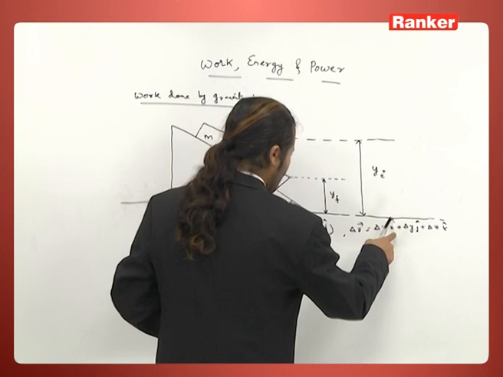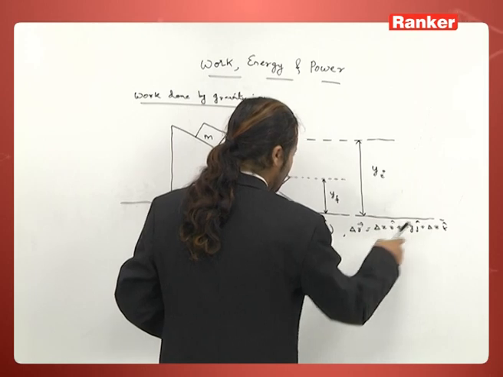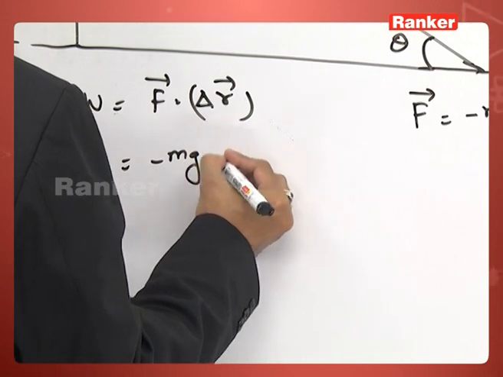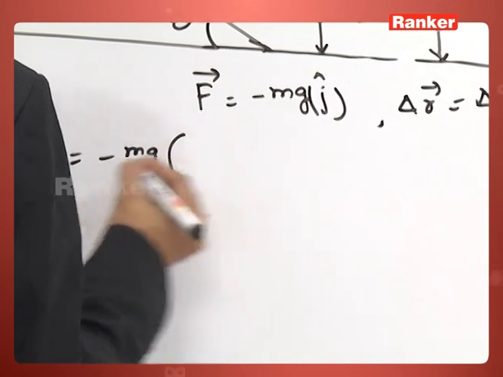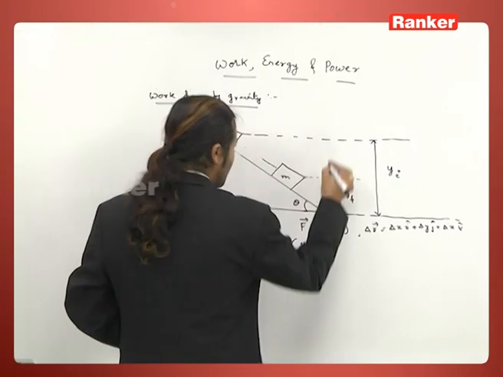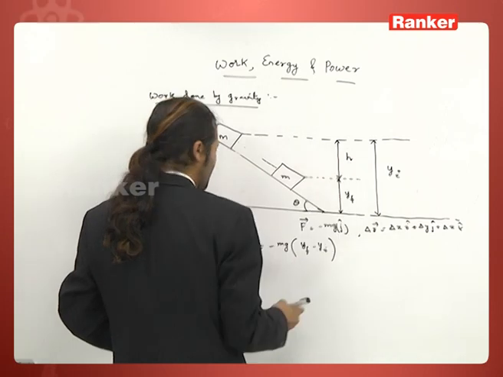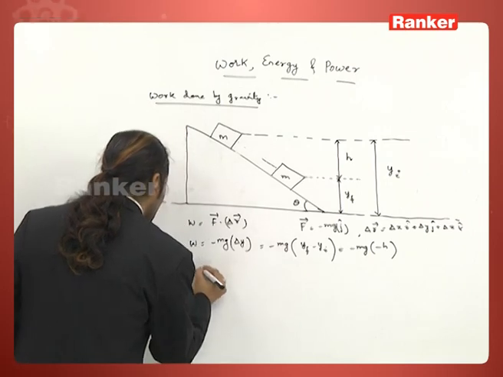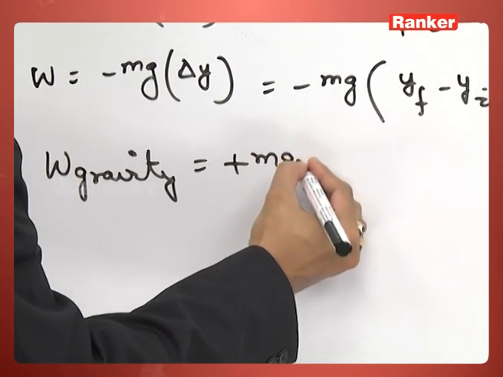So j dot i is 0, j dot k is 0, j dot j is 1. So work done is minus mg delta y. Change in y is yf minus yi, and yf minus yi is minus h. So work done by gravity is plus mg h.